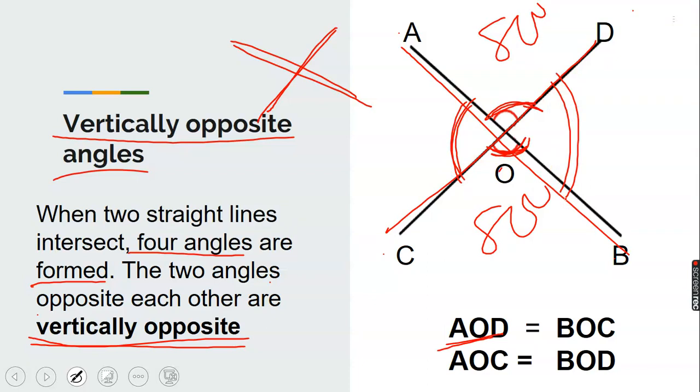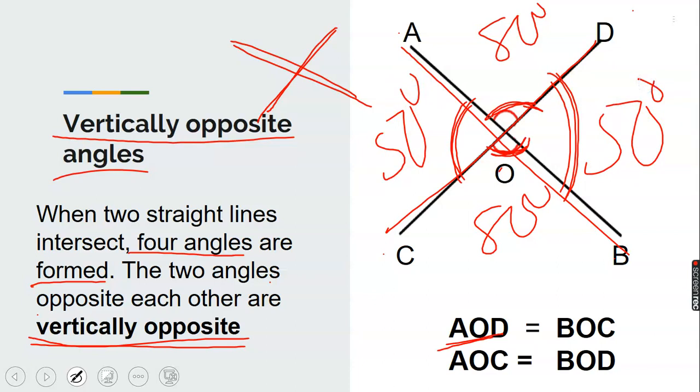If this place is, let's say, 50 degrees, here too will also be 50 degrees. That is, vertically opposite angles are always equal. You can see here, angle AOD equals angle BOC. Angle AOC equals BOD.